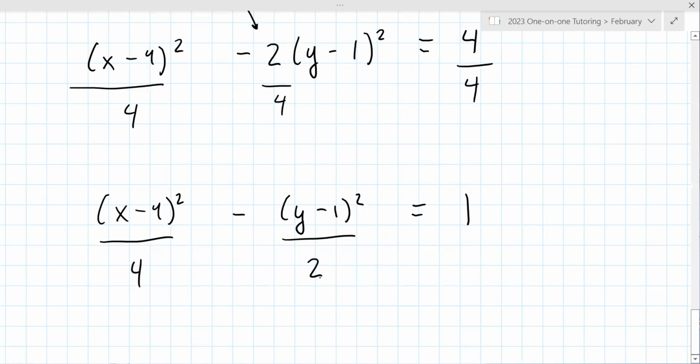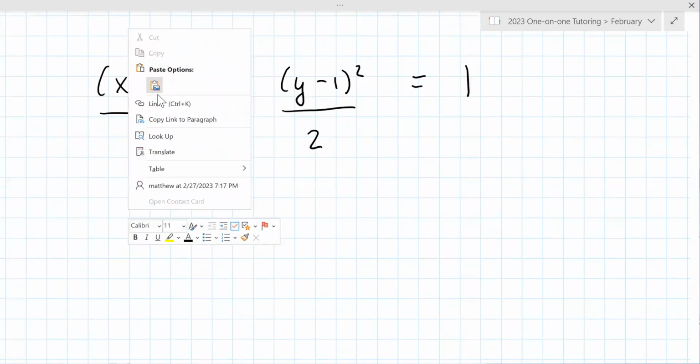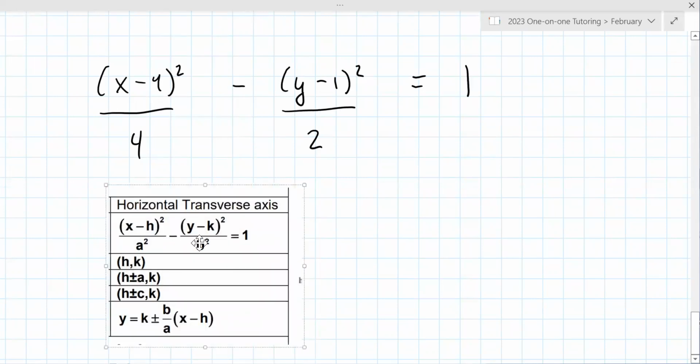And then when I show you the form here, let me get this up as a reminder. So this is the horizontal transverse axis. You can see the form. See how it's a squared on the bottom, b squared on the bottom. Yeah.